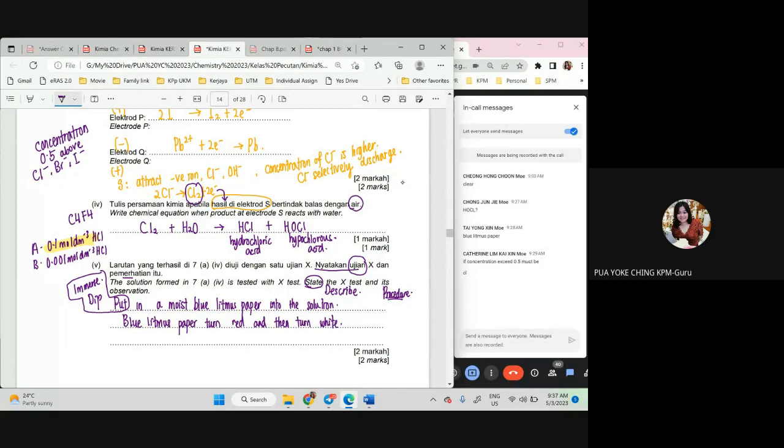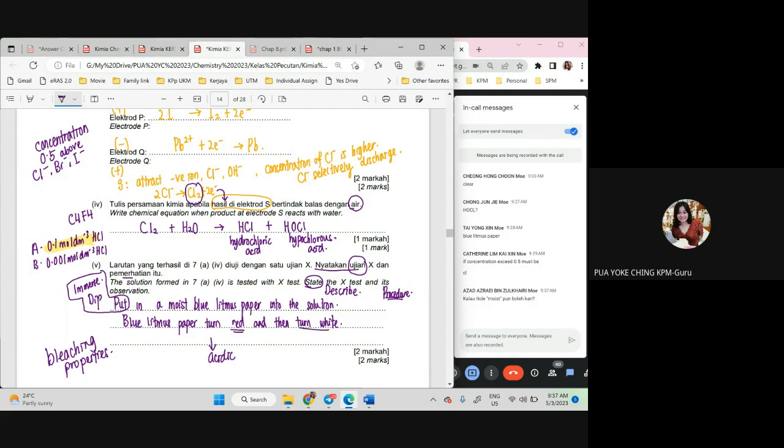So ini ialah special dia sebab dua the HCl and HOCl, you got bleaching properties. Okay. Dia mempunyai sifat melunturkan. So, first you akan dapat blue litmus turn red because acidic. And then it will turn white.